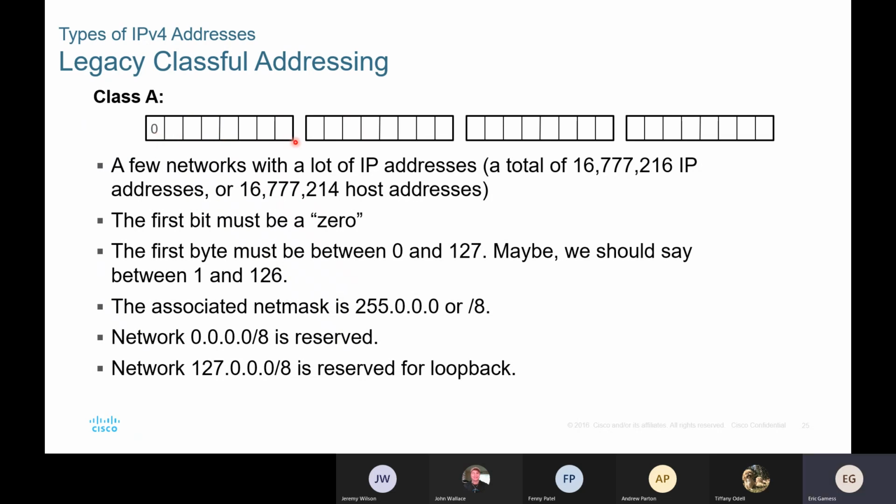And all those bits belong to the network part. So let's say that all those bits, you can change them as you want. You can put them to 0 or 1 as you want. So how many different networks can I make? If I have 7 bits that are free to be 0 or 1, how many different values can I write?